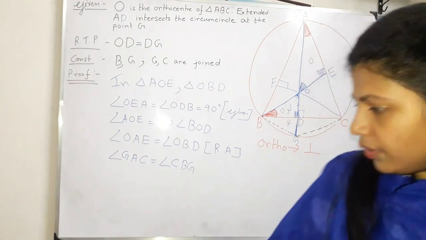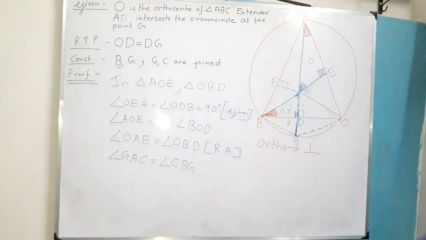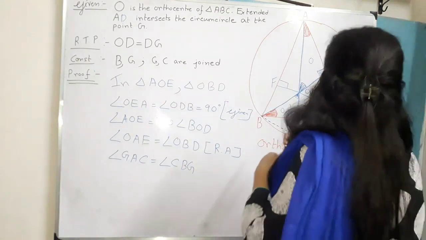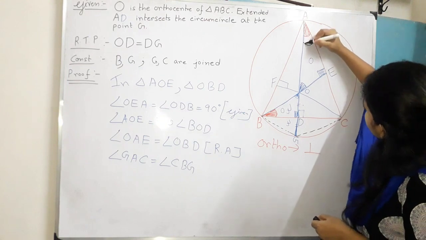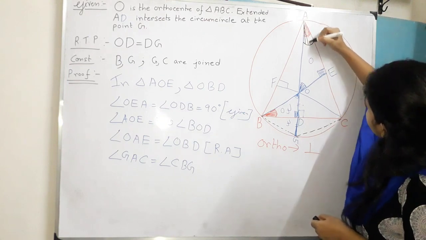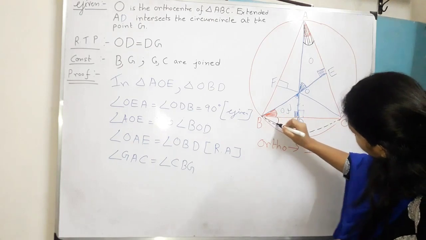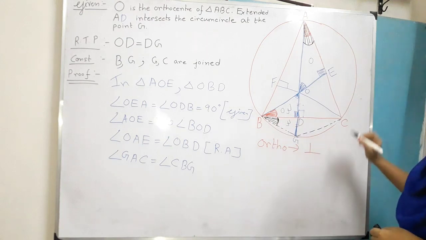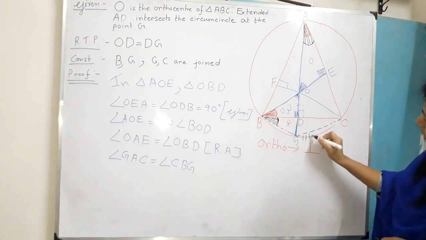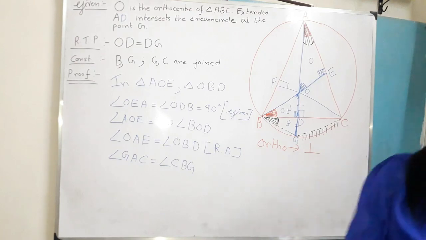Now this angle and this angle are both lying on the same arc GC. Try to observe properly.